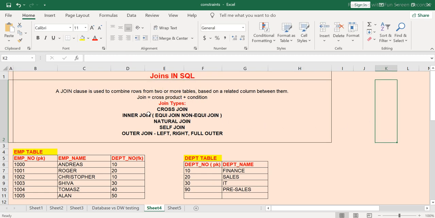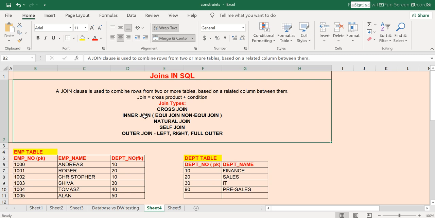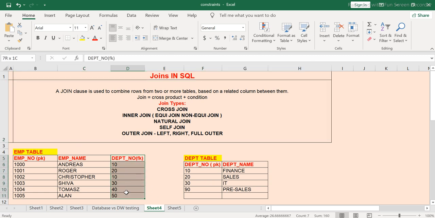And what is the second one? Second is the inner join. Within inner join we have got equijoin and non-equijoin. Equijoin is basically when you are putting an equal to condition between those two columns, which are linking the employee and department tables. So this is the column: department number of employee equal to department number of department table.